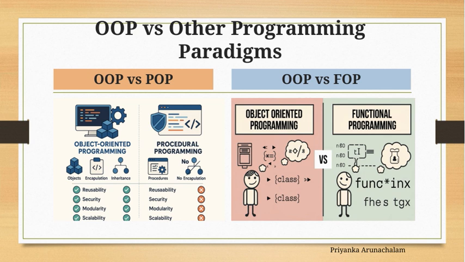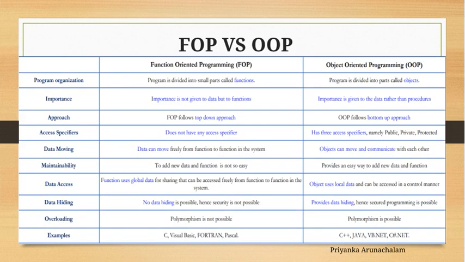Throughout this presentation, understanding these paradigms helps us see why OOP has become so popular. It's flexible, modular, and aligns well with how we naturally think about entities and their interactions. Ultimately, choosing the right paradigm depends on the problem at hand, but knowing these differences gives us a solid foundation for making those decisions.